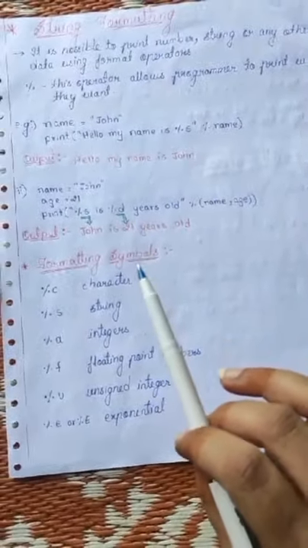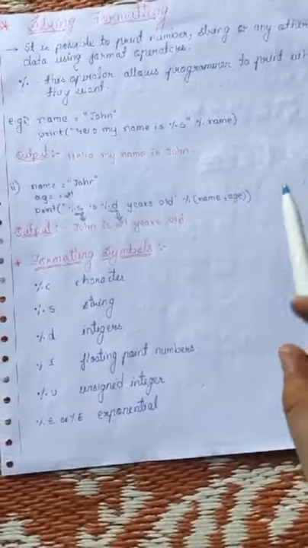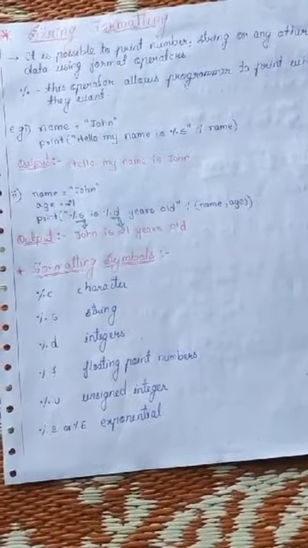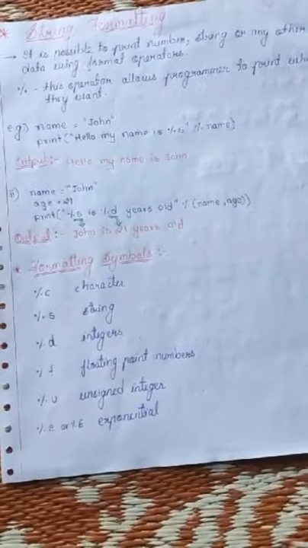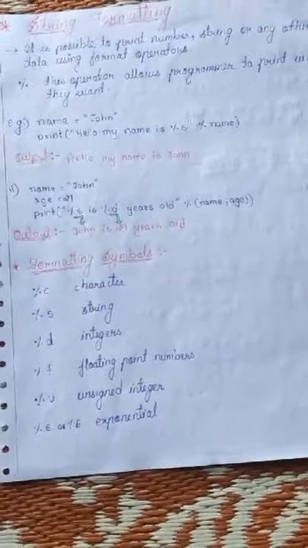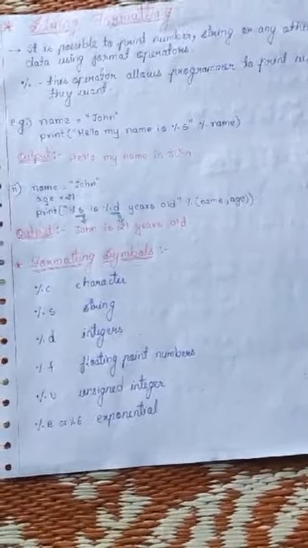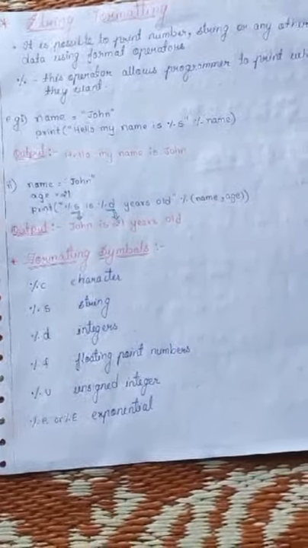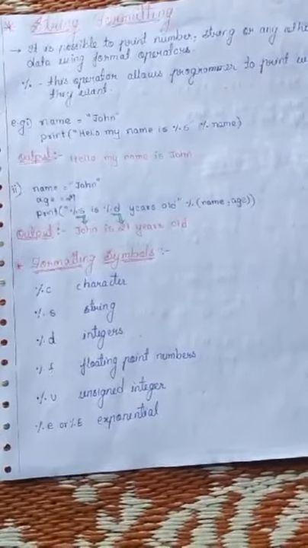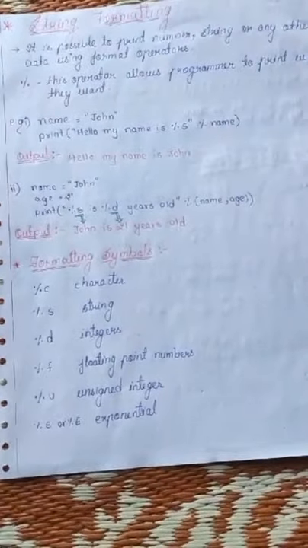Suppose I am printing a sentence, hello, my name is, and after that I want to display a particular string which is entered by the user. In such cases, when I want to display a particular string or even any number at a specific place within some sentence, I can use this operator. So the percentage operator is being used here for formatting a string.